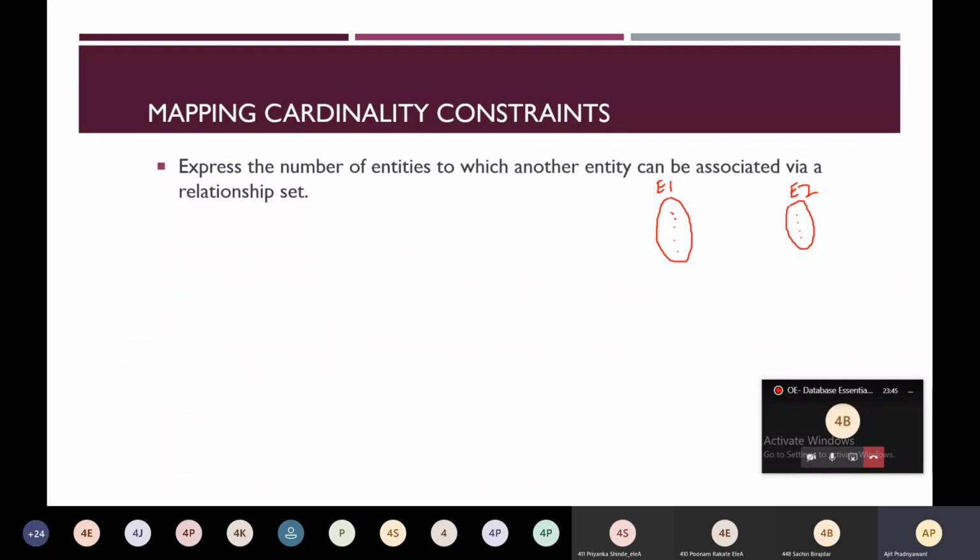So how many elements of E1 are participating in the relationship with elements present in E2? This is called mapping cardinality. Again, I am repeating, mapping cardinality expresses the number of entities to which another entity can be associated. From this entity set E1, the number of entities associated with entities present in the entity set E2 is called mapping cardinality.